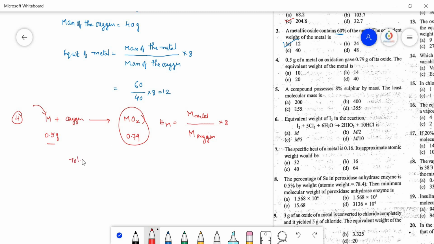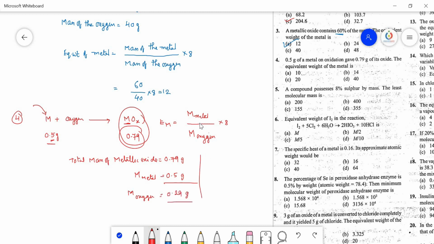So the total mass of the metallic oxide is how much here? 0.79 grams. In this, the mass of the metal is how much? 0.5 grams. Then if you remove the metal from the metallic oxide, you will get only the oxygen. So the mass of the oxygen is equal to 0.29 grams.